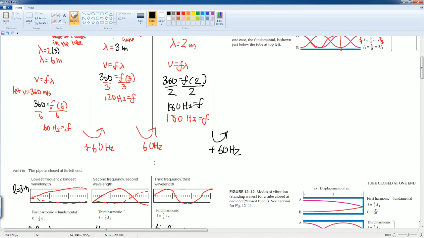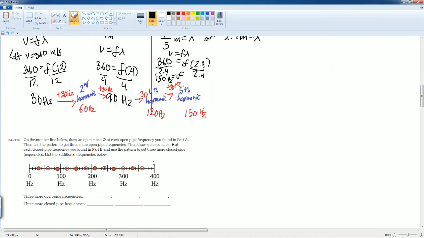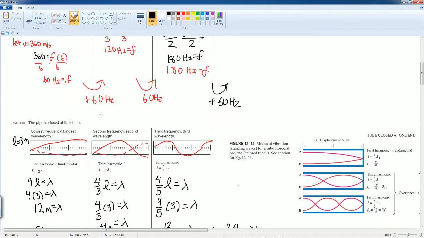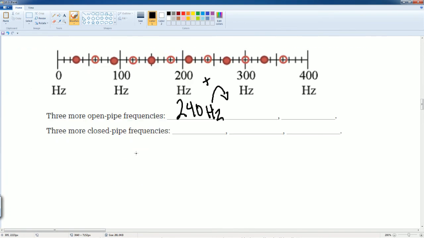So that becomes 240 hertz. We're adding 60 hertz each time. So that becomes 300 hertz. Then to the next one, you add another 60 hertz. So that should be 360 hertz.